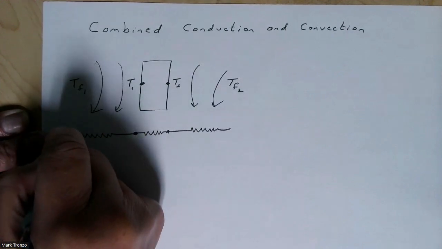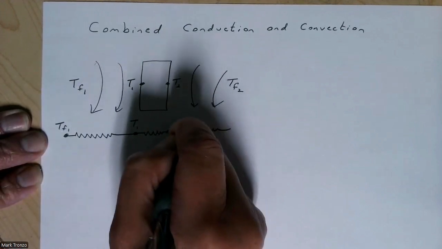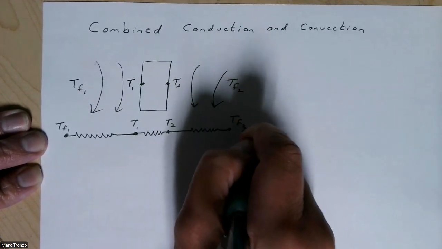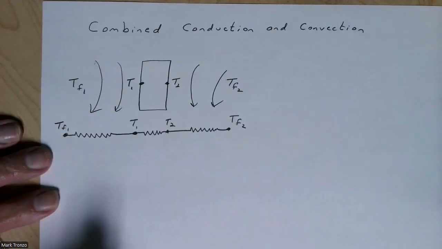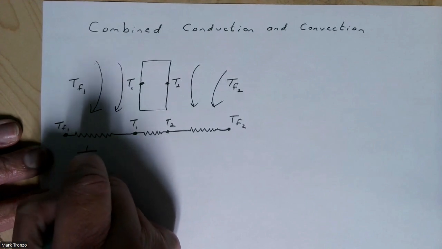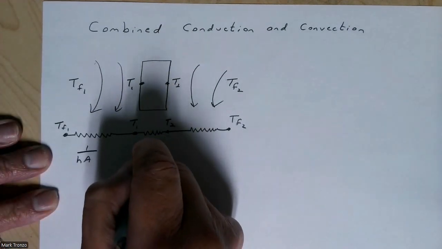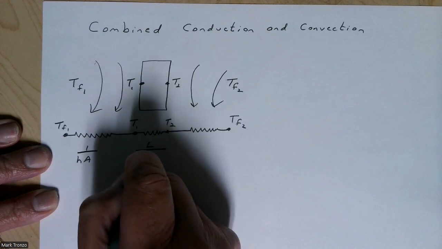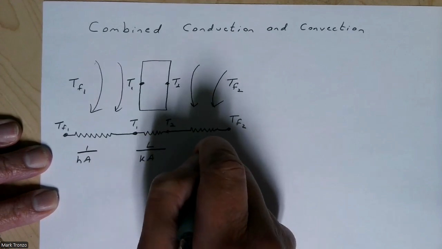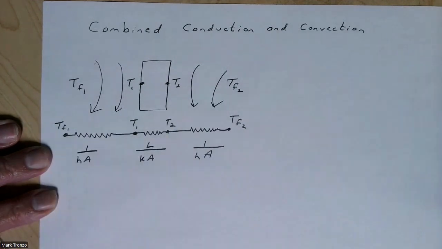So let's say here, this could be thought of as your TF1, T1, T2, TF2. Again, then this is convection. Here, we said the resistance for convection is 1 over HA. And for conduction, it's L over KA. And then for this convection here will be 1 over HA.